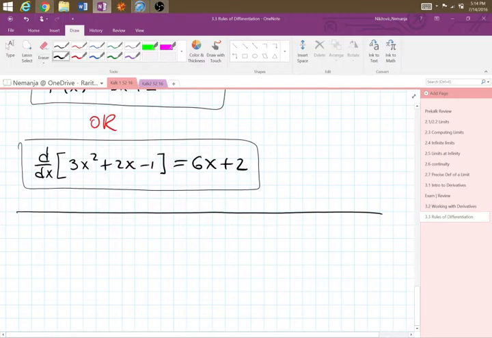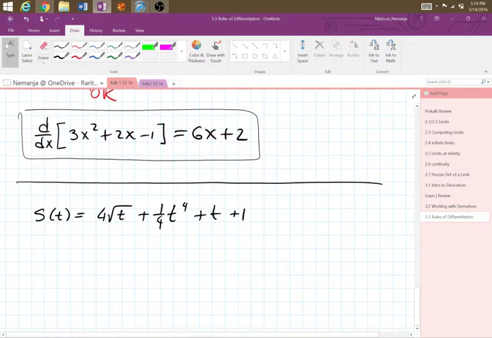So let's take a look at any of these problems. So s of t is 4 square root of t plus 1/4 t to the 4th plus t plus 1. So what is the derivative? Well, s prime of t is equal to what?